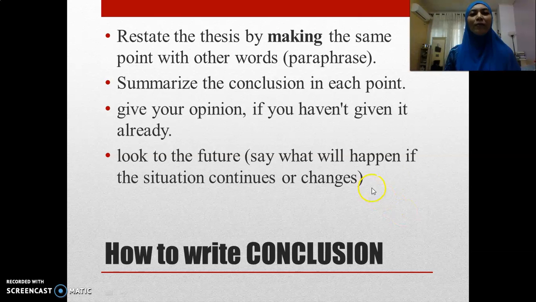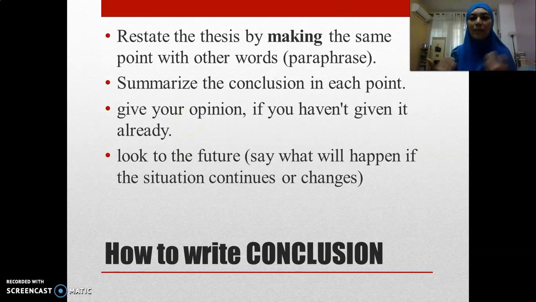One, the first sentence is to restate the thesis by making the same point with other words, meaning paraphrase. The second sentence is the summarization of the conclusion taken from each paragraph, meaning taken from each point, paragraph 2, 3, and 4.